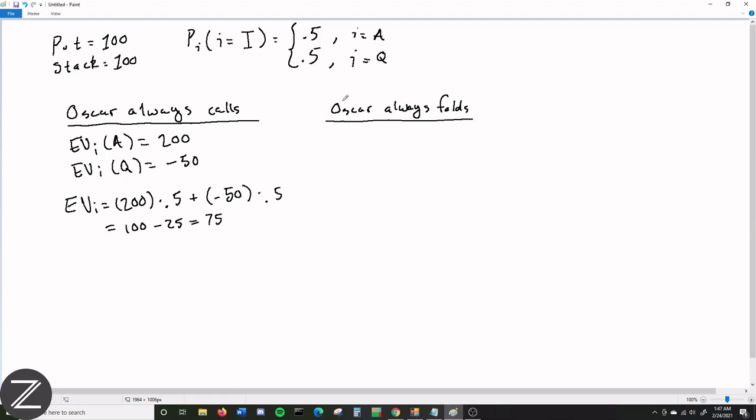And then in this situation over here, Oscar always folds. So the expectation of India's ace is going to be 100. And then the expectation of India's queen, remember the queen is still bluffing only half the time. So half the time the queen is going to take down the pot of 100, and then the other half of the time the queen is just going to check back and lose. So the expectation of the queen here is 50.